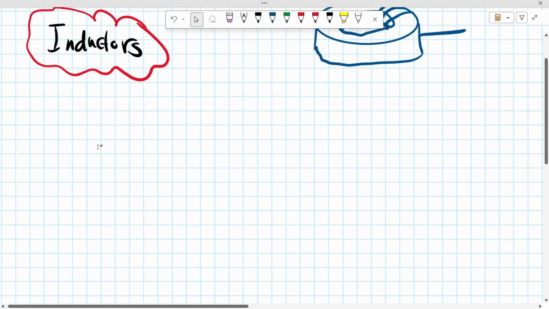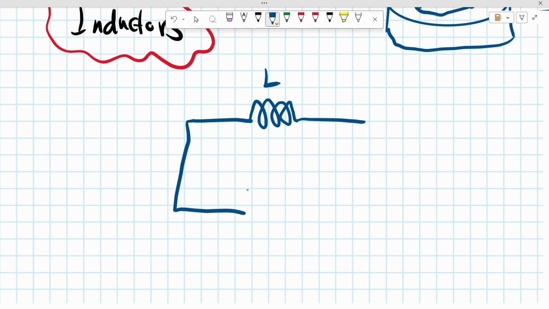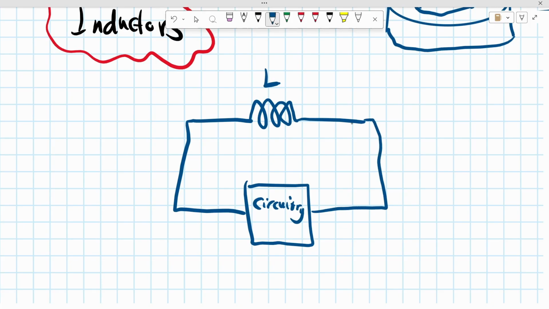Our focus is to study the lumped element model of the inductor, which is this simple, nice, cool element. Let's say we connected it to some circuitry, right? And this circuitry is injecting some current into this inductor and producing some voltage across it.